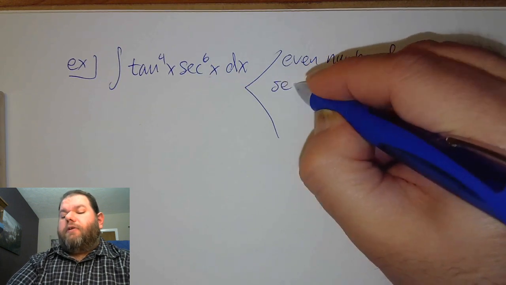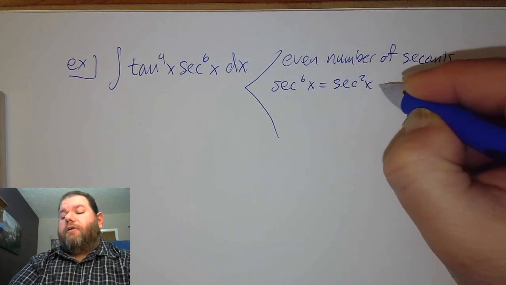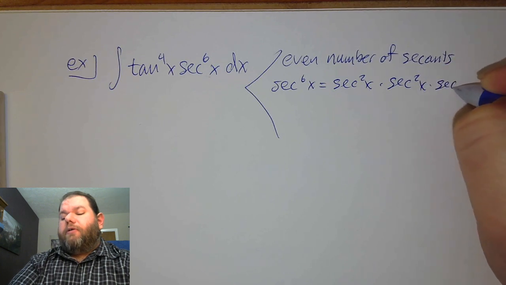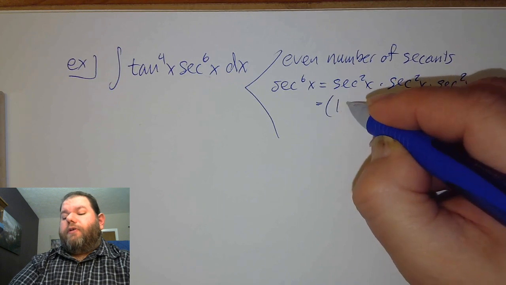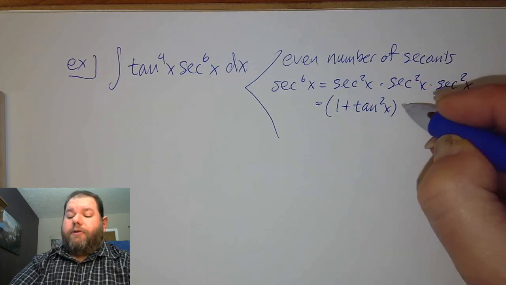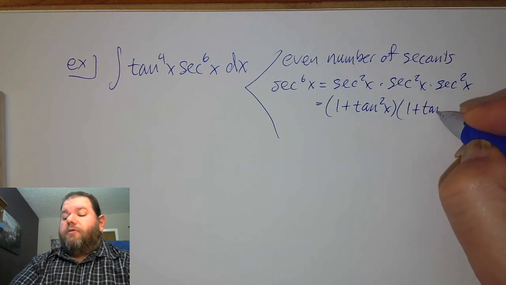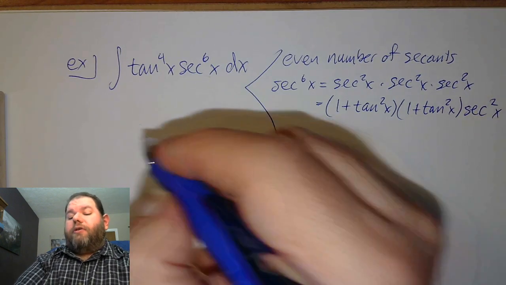So secant sixth of x, as we said, is secant squared times secant squared times secant squared. Change two of those into 1 plus tangent squared, or tangent squared plus 1. The order is not important. And leave 1 secant squared x unchanged.